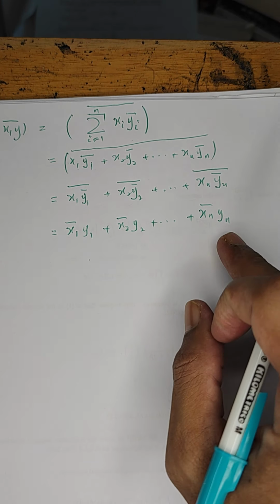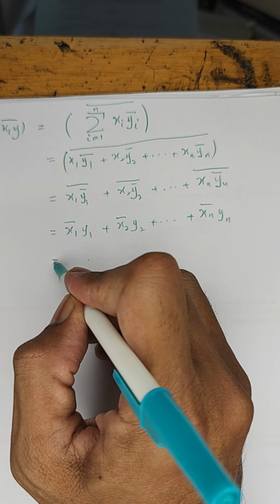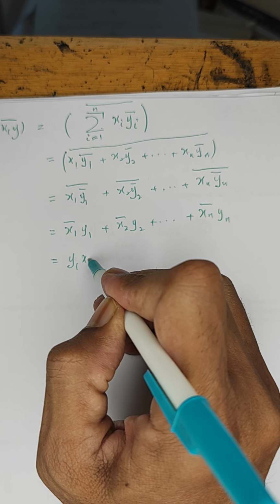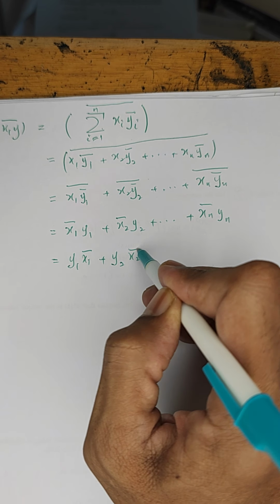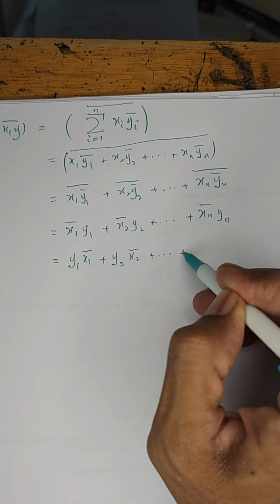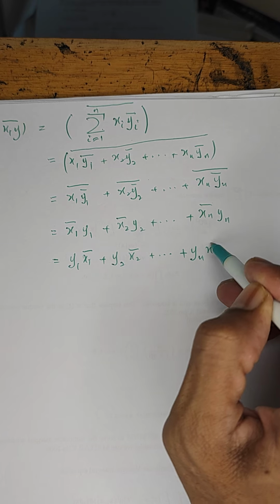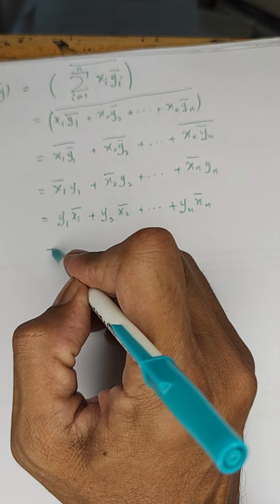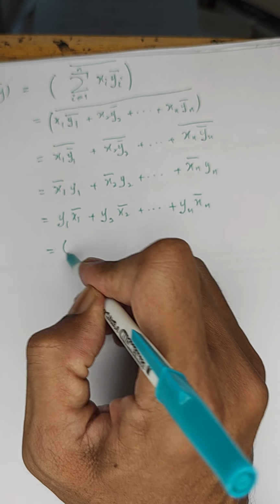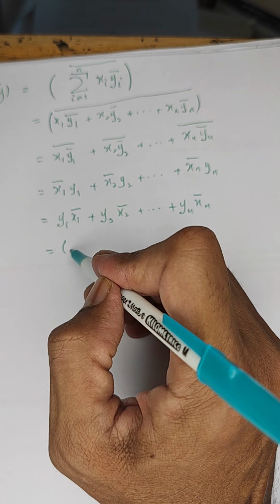Then of course you can rearrange this: y1 x1 bar plus y2 x2 bar and so on, yn xn bar, and this gives us (y, x).